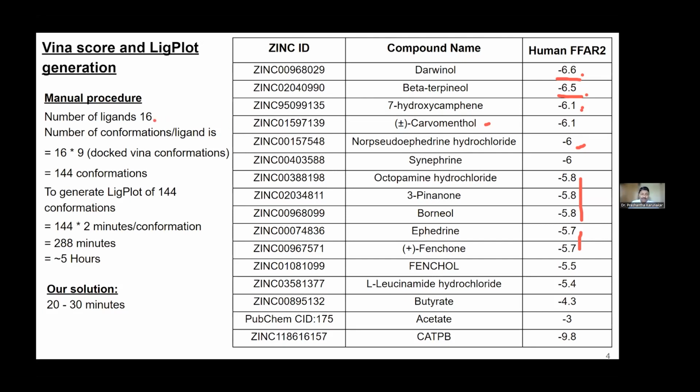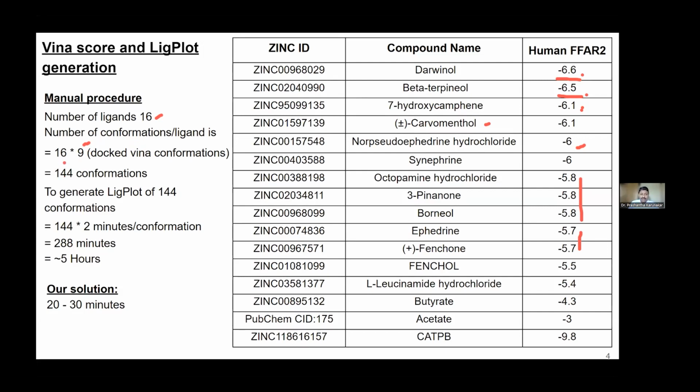Now, in the whole process, in this case alone, I have given this example to understand the complexity if we do this task manually. I have 16 ligands here, and whenever we do docking with AutoDock Vina, it generates 9 conformations per ligand. We can change the number of conformations, but usually 9 is used.